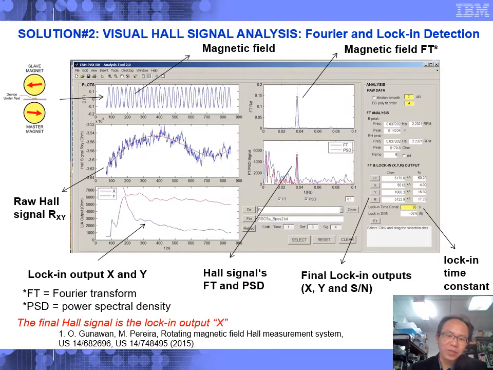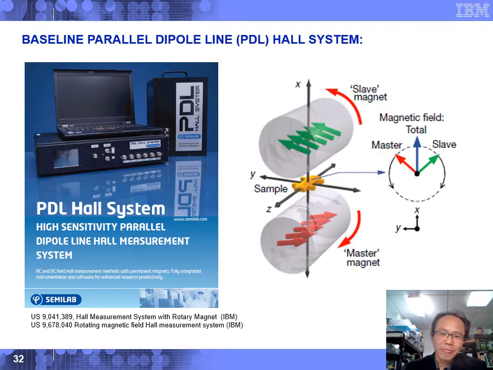Second, you extract the amplitude using lock-in detection to get the final Hall signal that you want. The baseline of this tool has also been made available commercially by our partner Semilab, which you can see over here. But this one has not included the photo Hall capability yet. Nevertheless, several groups around the world have used this tool mainly for photovoltaics research.